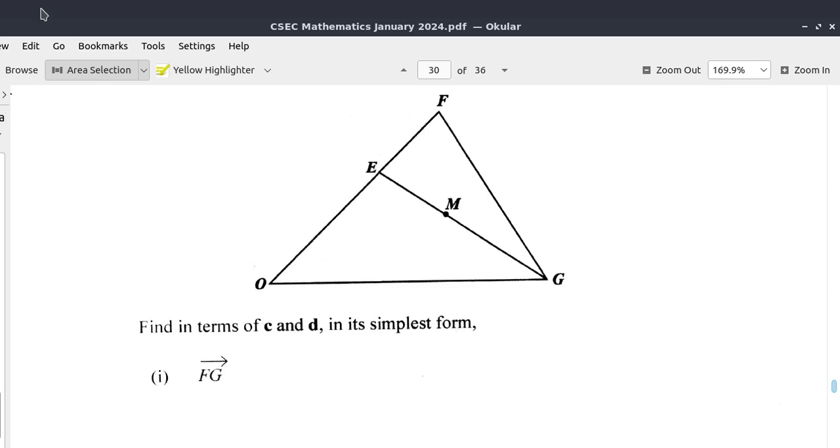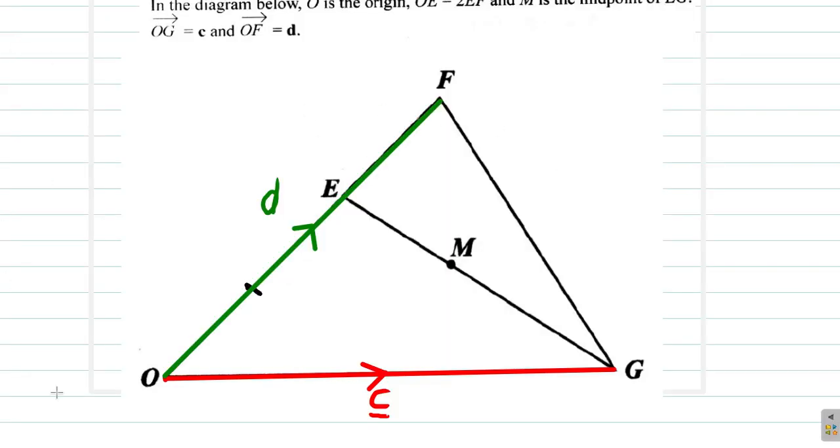You want to find FG. So it's going to be an answer that affects the resultant of what we're doing. So what we're going to do is put 2 letters there. This is what we want.